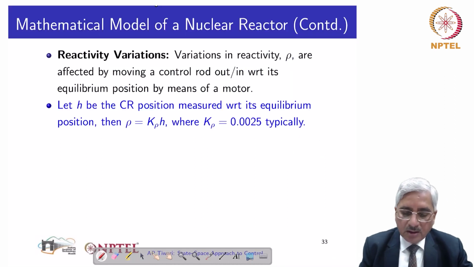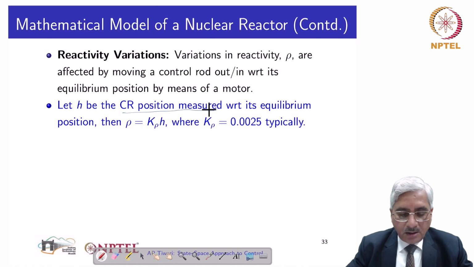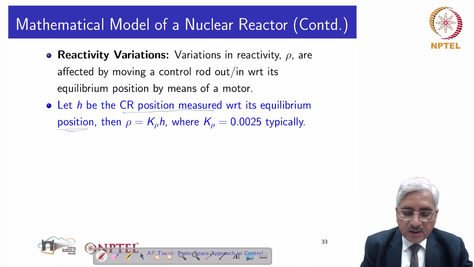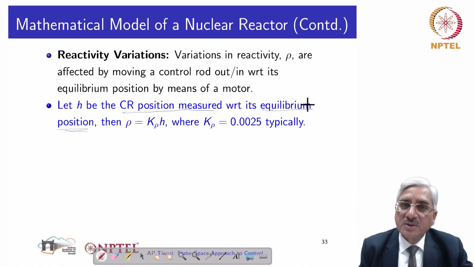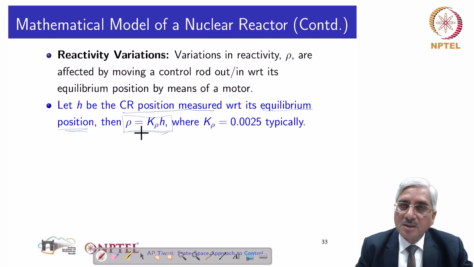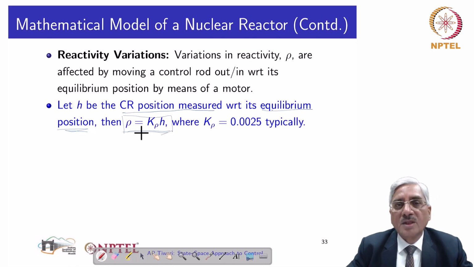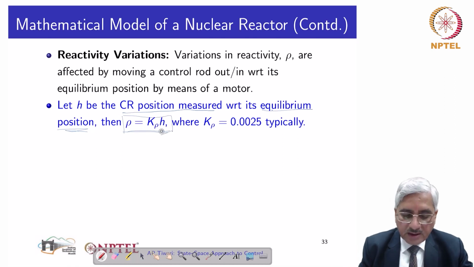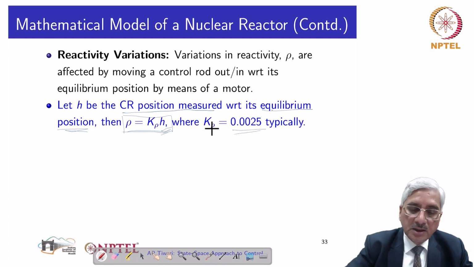Now this control rod, as I said, its position is measured with respect to the equilibrium position, and so reactivity is directly proportional to the control rod position, which is denoted by H. And this is the typical value for this K rho.